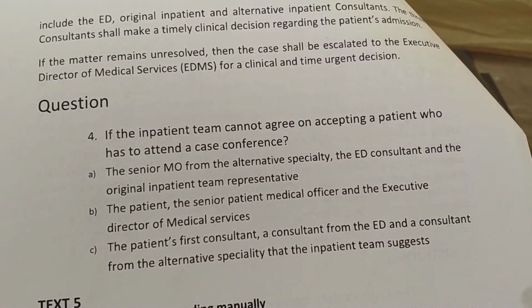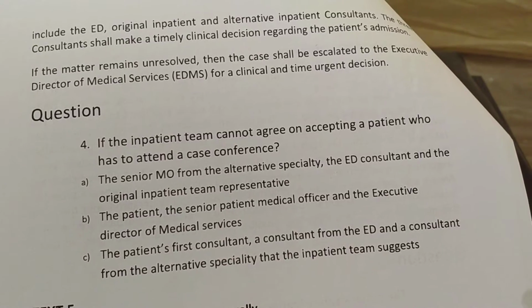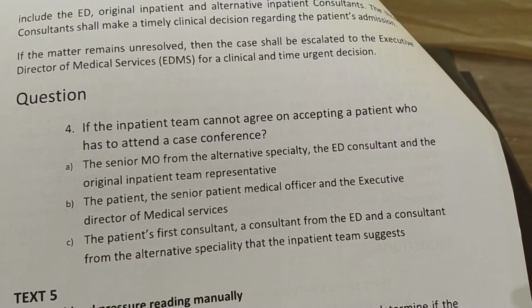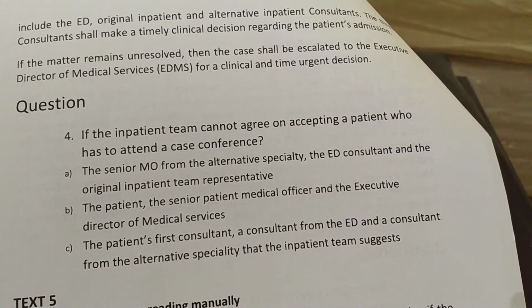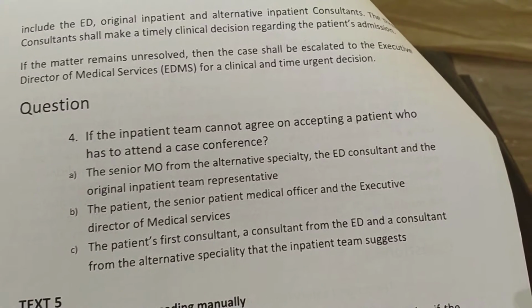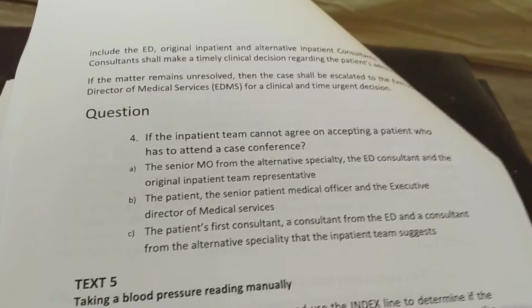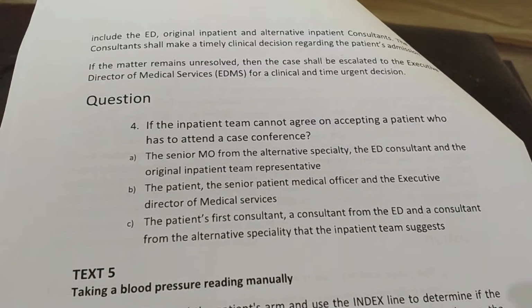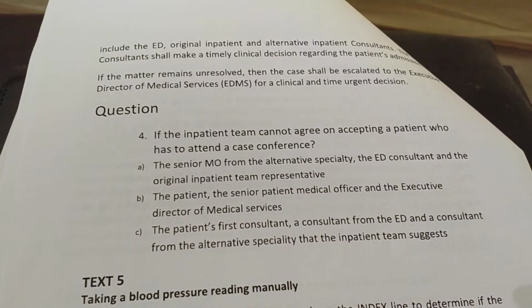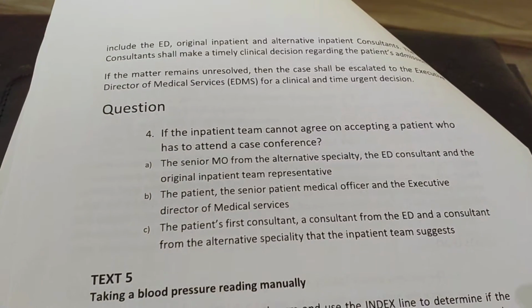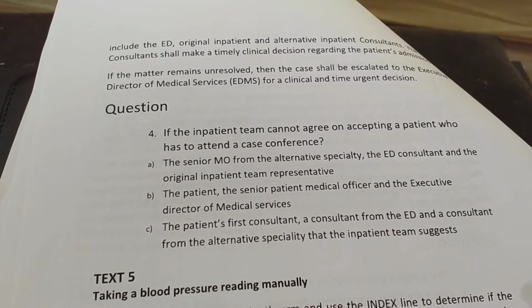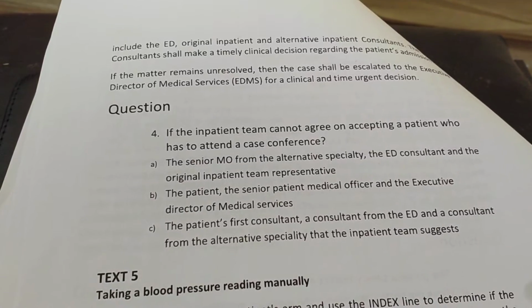Option A, the senior medical officer from the alternative specialty, the emergency department consultant and the original inpatient team representative. Option B, the patient, the senior medical officer and the executive director of medical services. The third option is the patient's first consultant, a consultant from the emergency department, and a consultant from the alternative specialty that the inpatient team suggests.